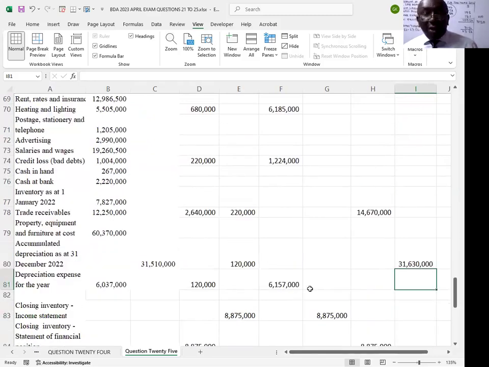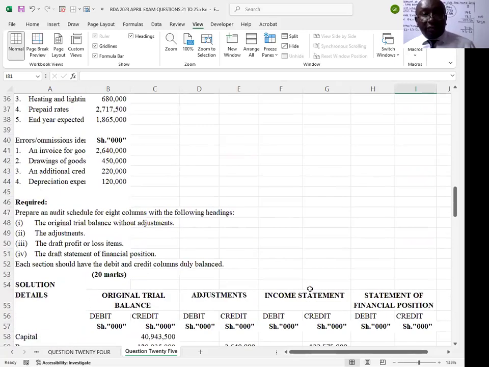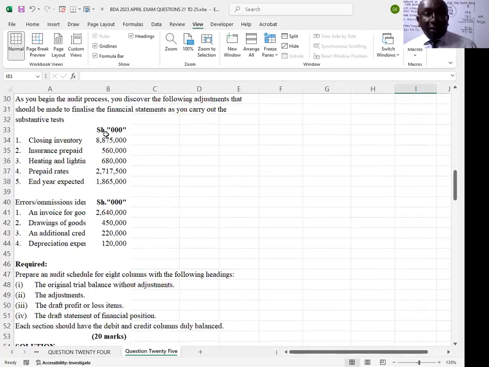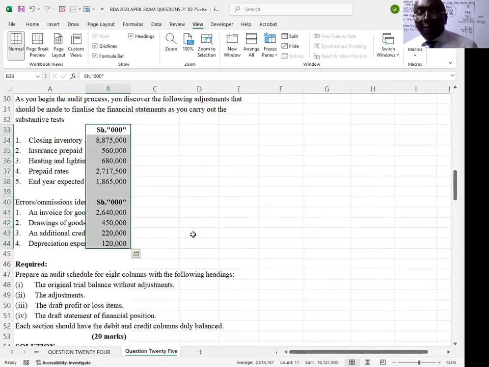So I think we have done justice to the additional information, all of them. We have responded. If you are okay at that point, say yes. If you have any query, raise it. If you are okay up to that point, say yes. Yes, Nyambura.